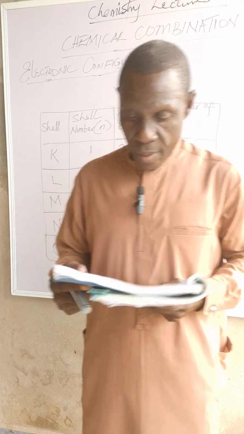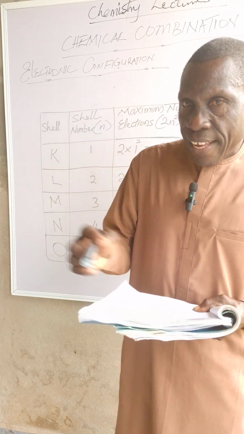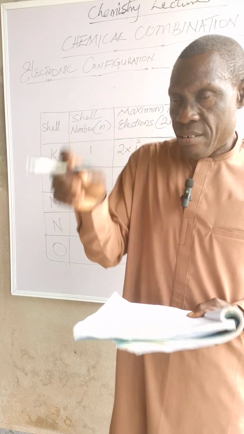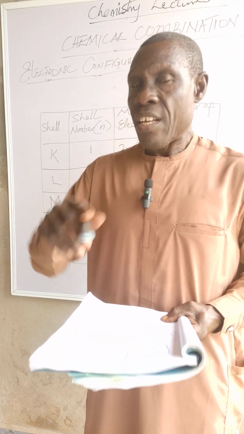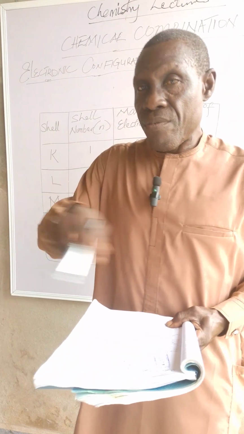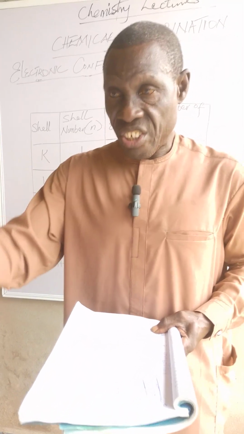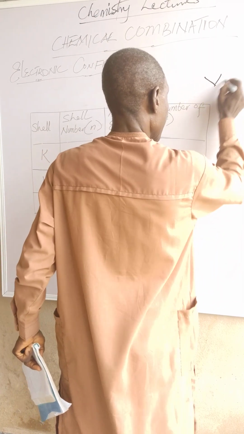Now, the surrounding electrons on the outer shell are called the valence electrons. That means the outermost shell of the element is described as what? Valence shell. The word valence.